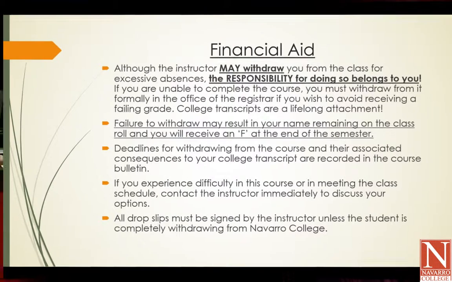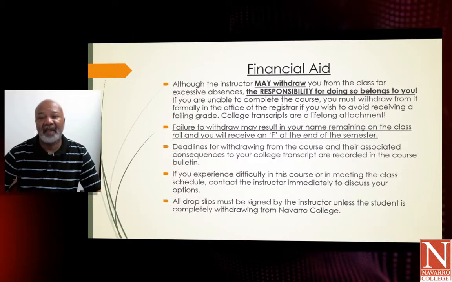Although an instructor may withdraw you from a class, it's not my job to withdraw you. If you're not going to do the class, just withdraw from it. I have given people I's, and I have given people F's for just leaving and not coming back. So make sure you let the registrar's office know, and it would be good to let me know too.